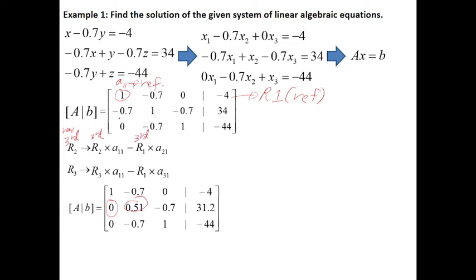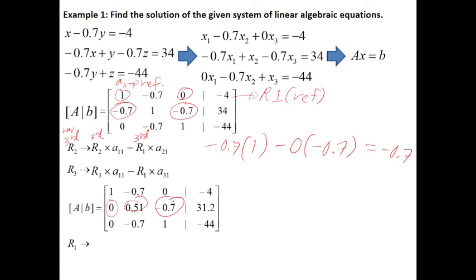So, R2, third element, negative 0.7. A11 is 1. Minus R1, third element, 0. Multiply mo ng A21, negative 0.7. So, we have negative 0.7. Okay. So, we have that.